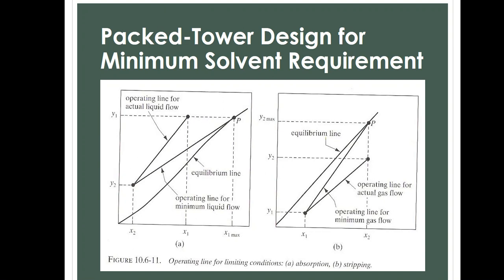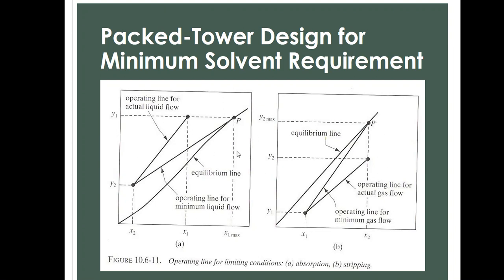For stripping, we move this point here until it will be tangential to the curve at this point. Now, in gas absorption, we are interested in finding X1 maximum. For stripping, we are interested in getting Y2 maximum. How? We base it on the illustration here.